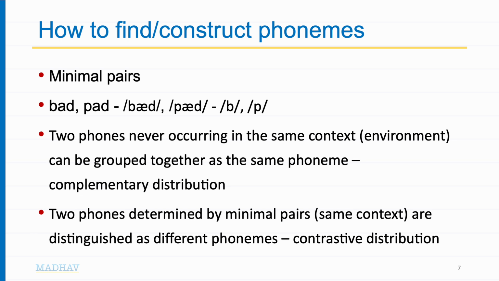So two phones never occurring in the same context can be grouped together as the same phoneme, and two phones determined by minimal pairs are distinguished as different phonemes. Basically, that's how we define phonemes and phones.